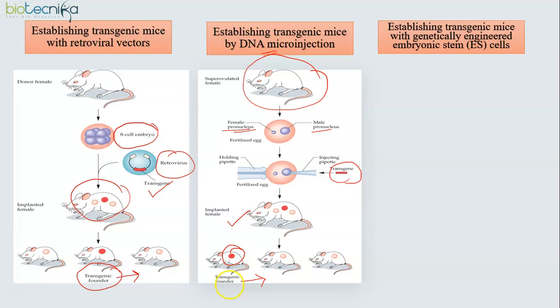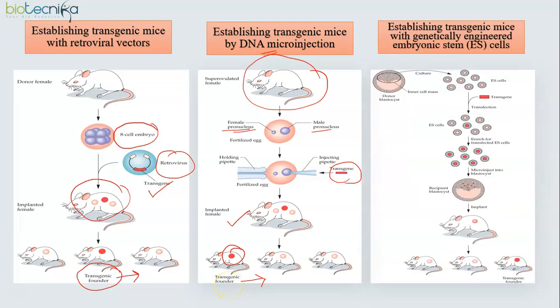The third method of producing transgenic mice is using genetically engineered embryonic stem cells. We take a donor blastocyst, embryonic stem cells, and the transgene is given, or transfected, we can say. So what we get are transfected embryonic stem cells.